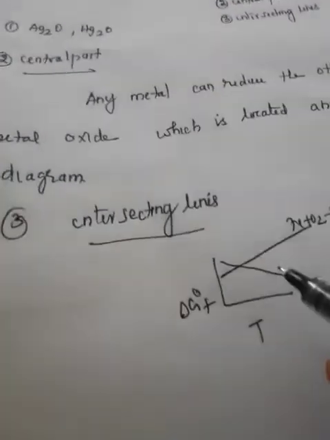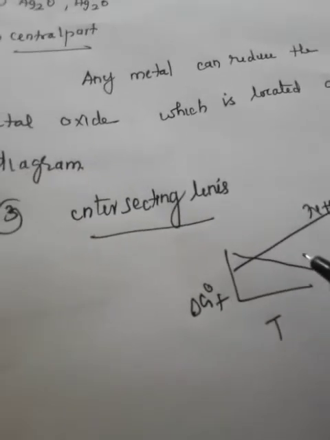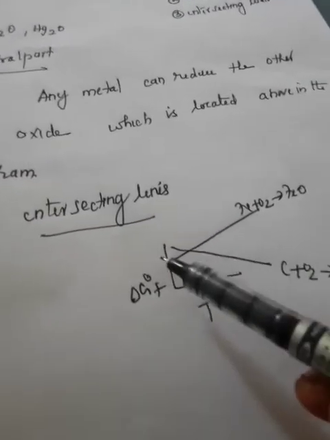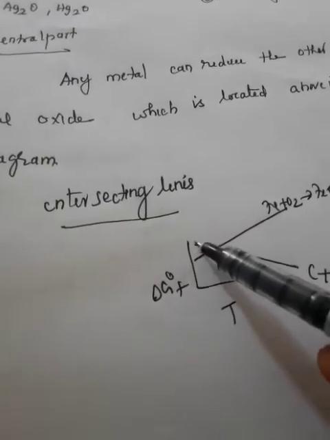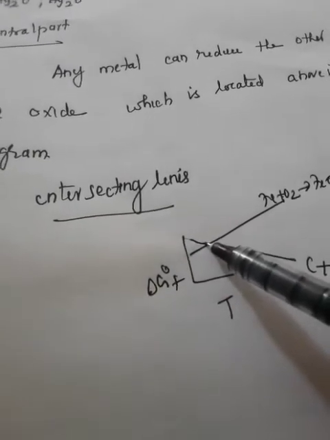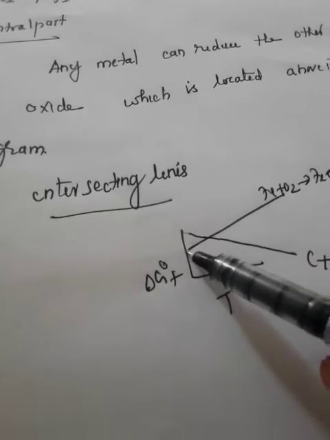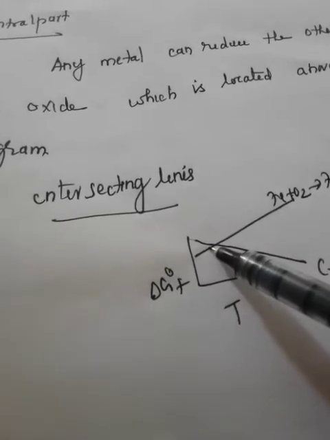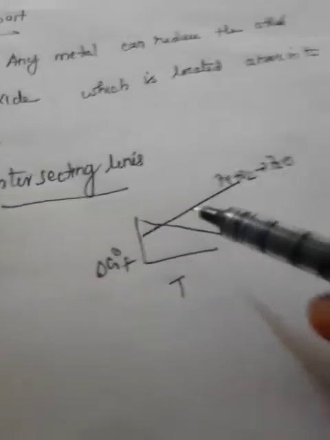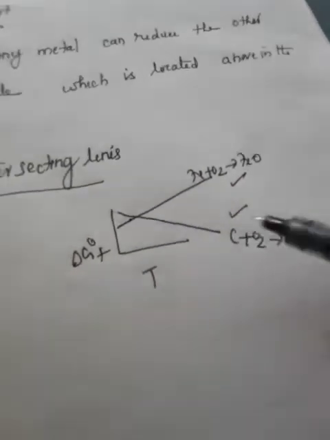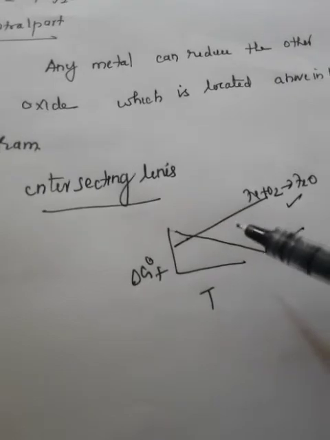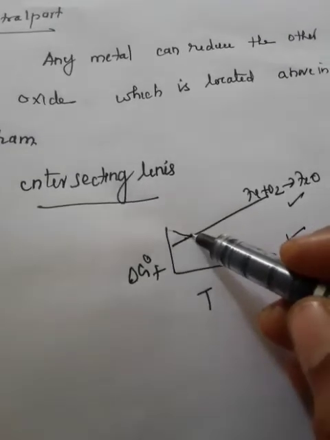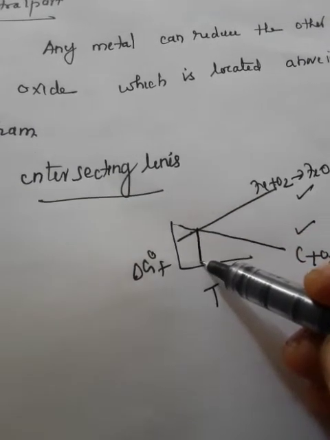Here two lines get intersected. The CO line, this is above, and the Fe line, this is below. Comparing both the lines, both intersect at this temperature.